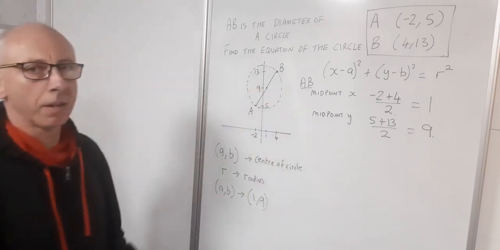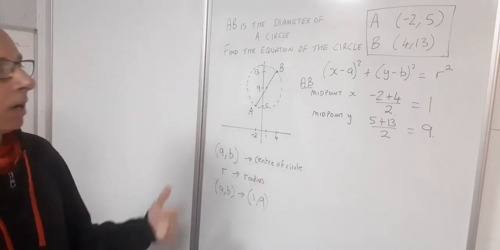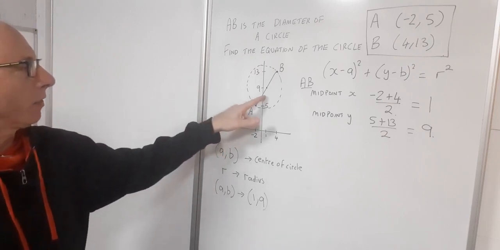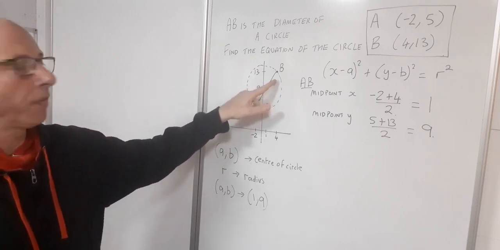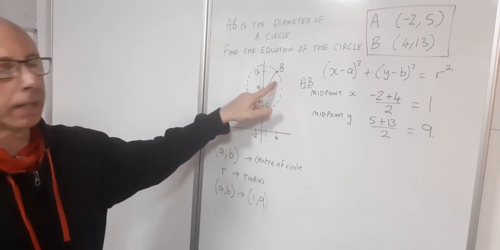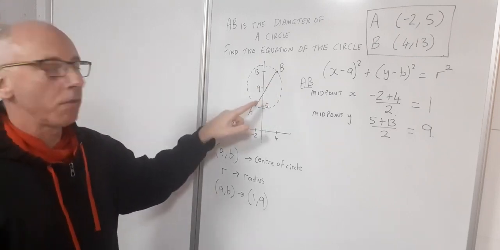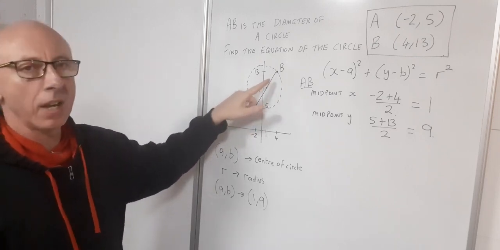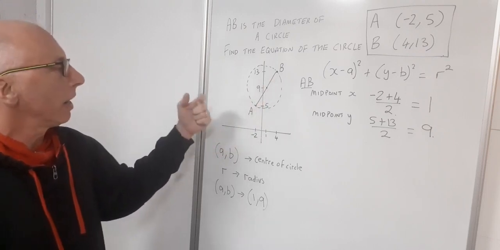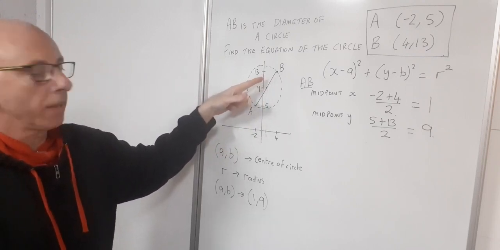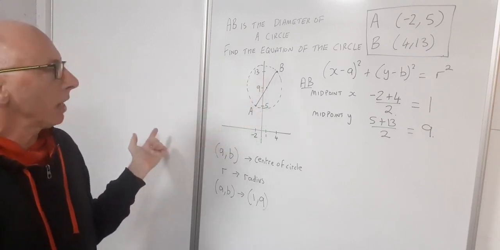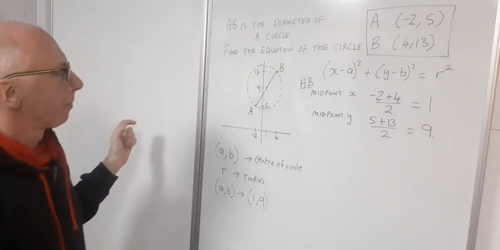So that's my centre. Okay, now my radius, I need to find out what half the length of this line is. Now, if I've got a line like this on a graph, the best place to start is Pythagoras theorem.